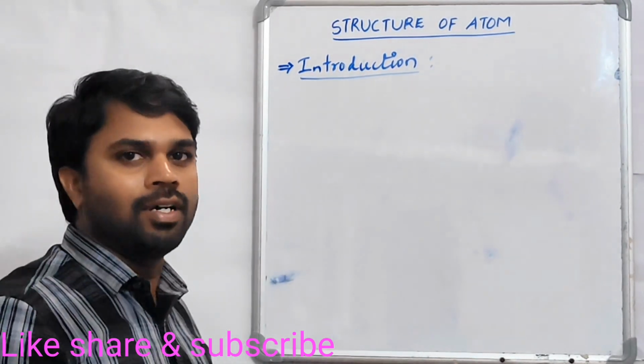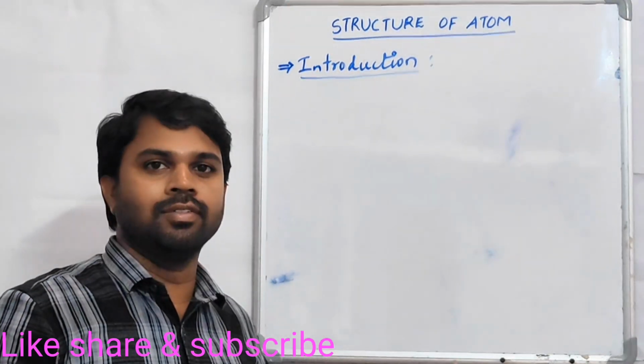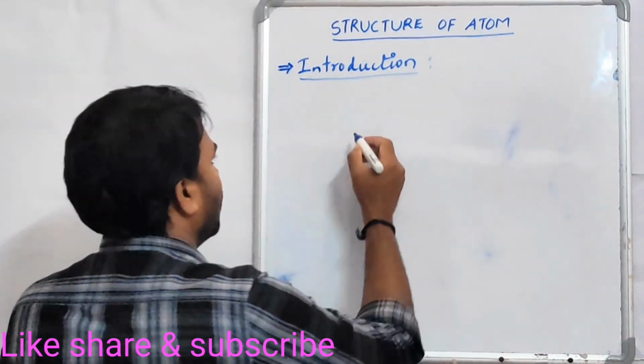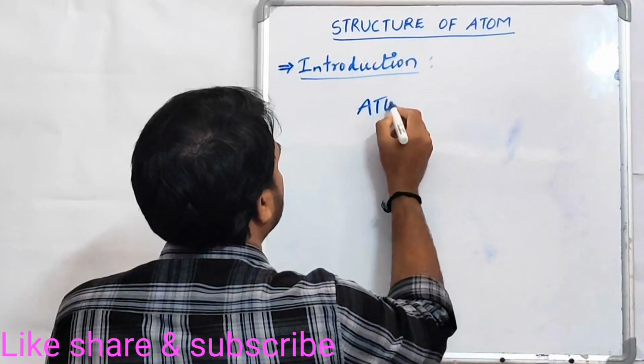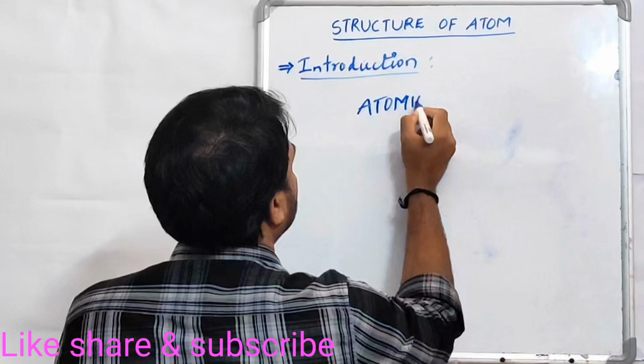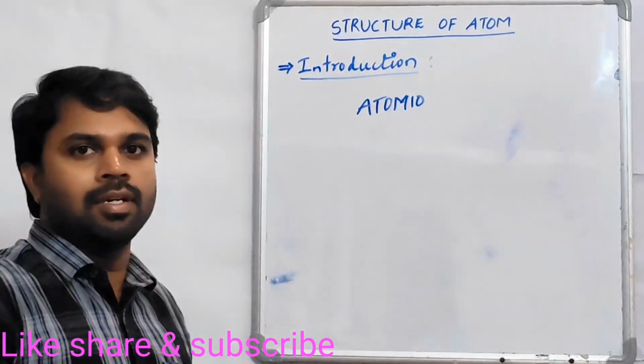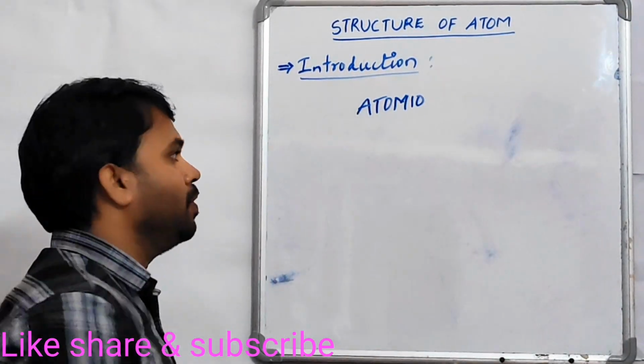The word atom was derived from the Greek word atomos, which means uncuttable or indivisible.